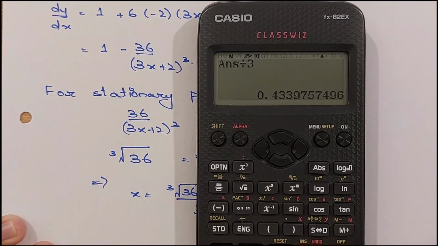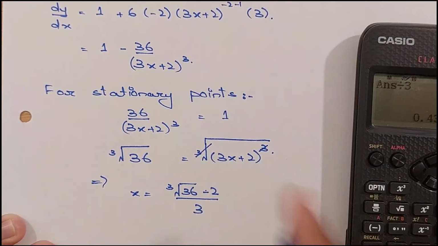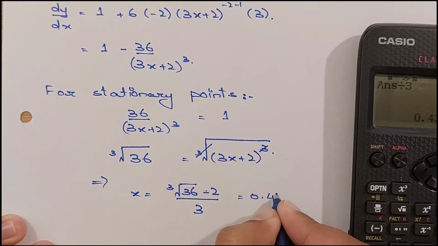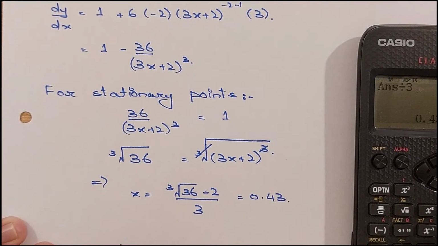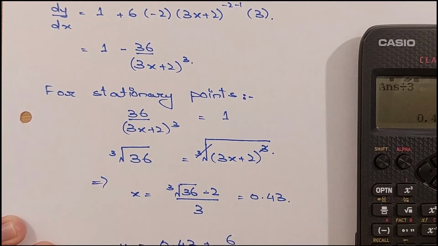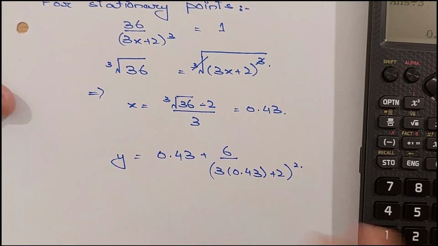That gives 0.43, so 0.43 is the x coordinate of the stationary point. For the y coordinate, the curve is x, which is 0.43, plus 6 over (3 times 0.43 plus 2) whole squared. We will get the y coordinate.